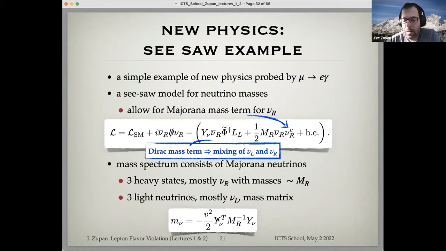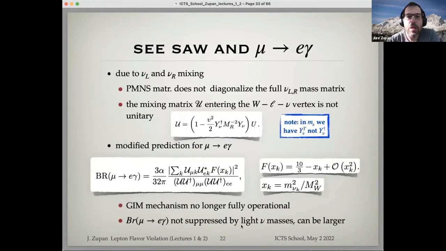So that's the seesaw. The thing to remember is that since M nu needs to be symmetric, there is Y nu transpose Y nu. That will be important for us later. All right, so what's the consequence for mu to e gamma?